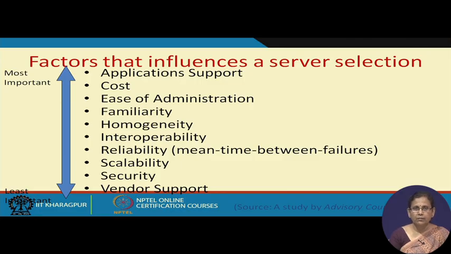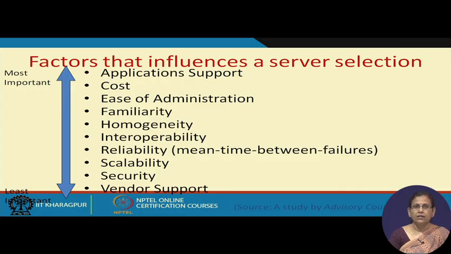Homogeneity: by homogeneity we mean if we are buying a new server, it should be compatible with your existing systems. Then interoperability: if there are other systems in your organization or in your business partners' organizations, then this particular server that you are buying should provide support for interoperability. It should be reliable, it should be scalable with proper security, etc. There are certain servers which are more prone to virus attacks, etc., and certain servers are not.